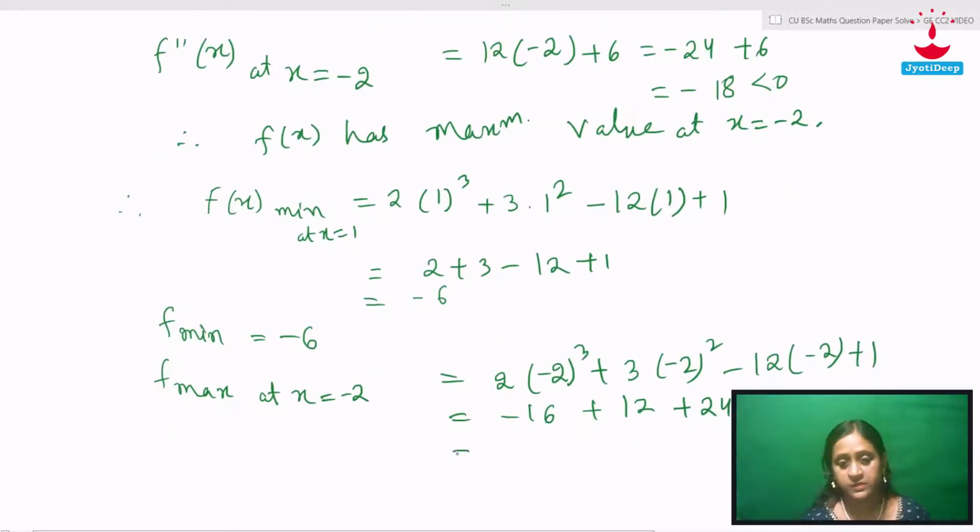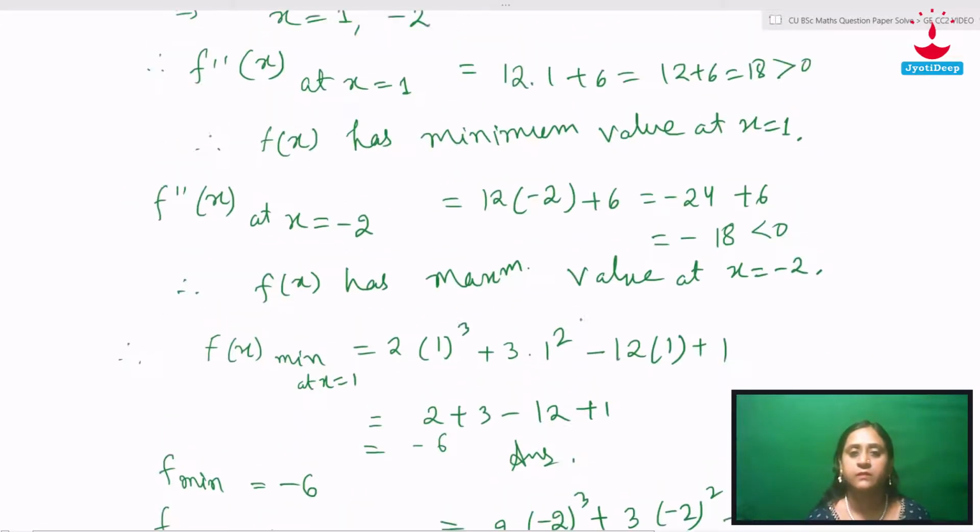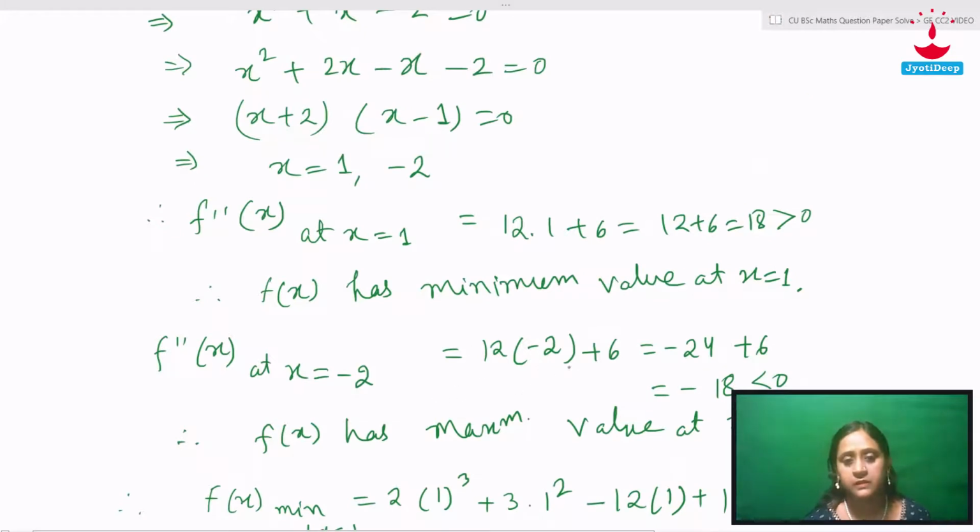This is equals to minus 16 plus 12 minus 4, that is 20 minus 4, 21 we will get. Okay, so this is our answer, and this is also answer.